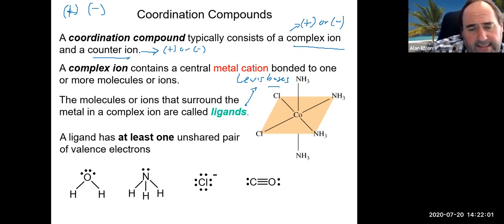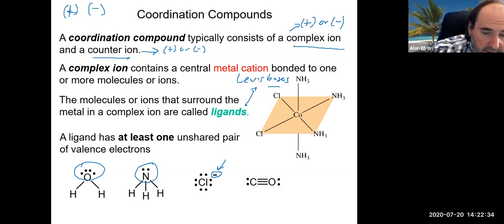So a ligand needs at least one unshared pair of electrons, and a polar molecule is usually really good for it. Water, which is polar, has its non-bonding electrons. NH3, which is also polar, also has electrons it could donate. Something with a negative charge has extra electrons to donate, like carbon monoxide as well.